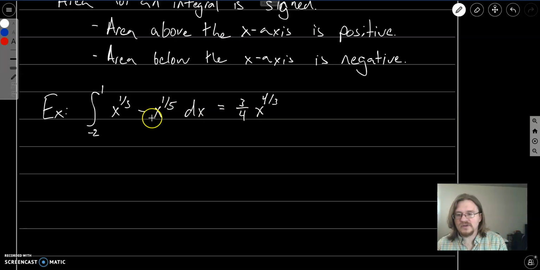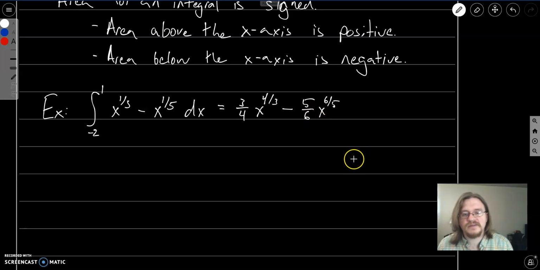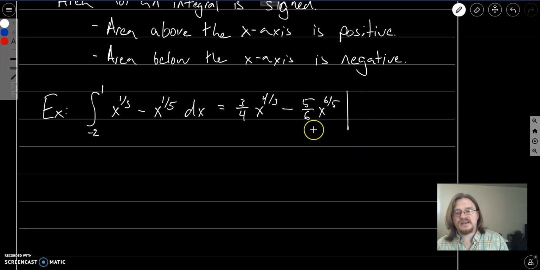And then I have a minus sign here, so I'm going to subtract. So x to the 1/5 power will become x to the 6/5 power, but I need to divide by 6/5, which is the same thing as multiplying by 5/6. And then I plug in my -2 and my 1, and I subtract them.